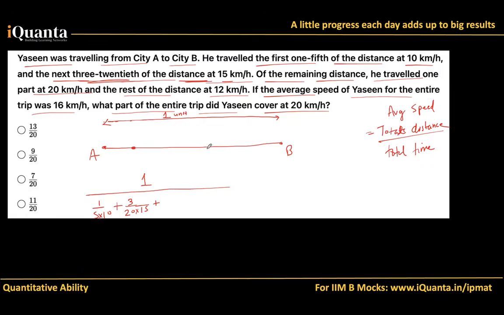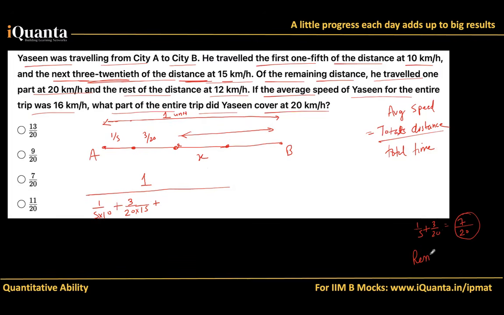Then let us assume that he's here now. Now this is the distance remaining. Let's say this is distance x, and how much distance is remaining now? He already did 1 by 5th over here and 3 by 20th over here. So 1 by 5 plus 3 by 20 is actually what? 7 by 20. 7 by 20 of the distance has been covered.